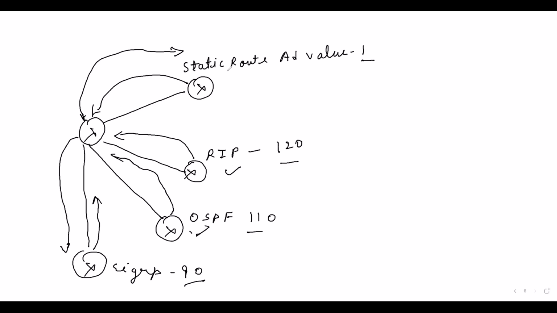So all protocols I have written here, and according to that it will accept the route with the lowest value first. If traffic is coming, first it will take from this static route. Now got my point? Yeah, I understand it now.